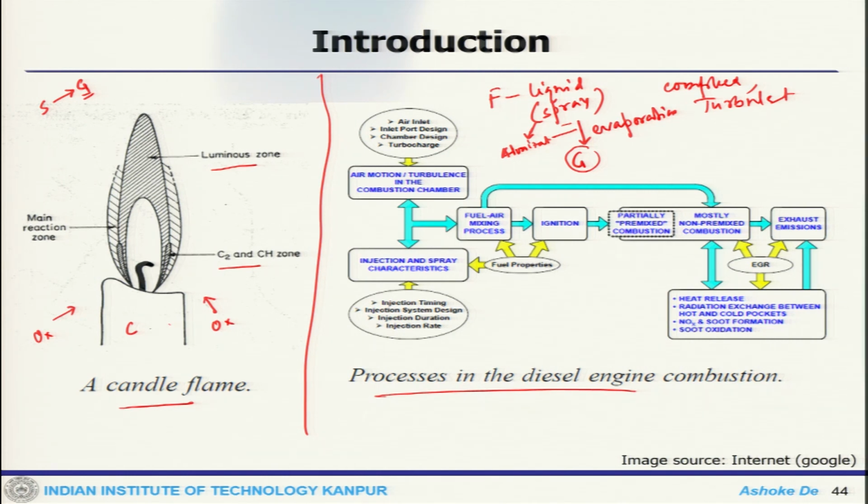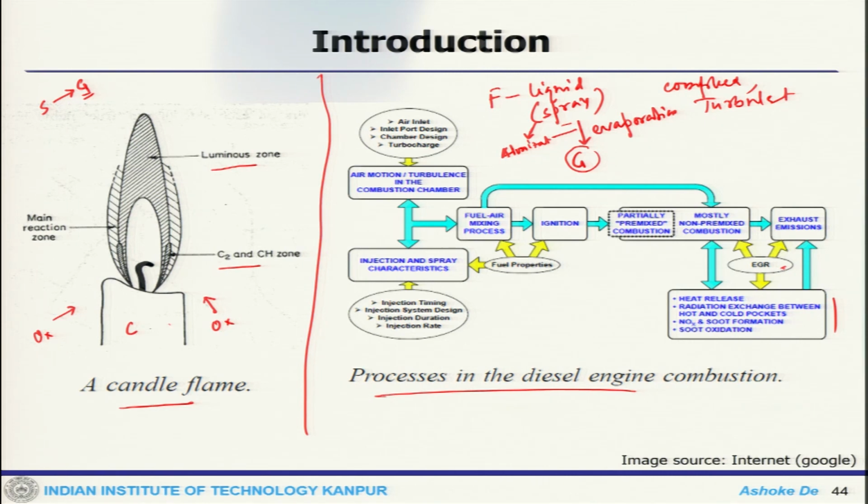So, it is a complicated process, and on top of that you have exhaust recirculated through EGR, heat release, radiation effects, and other complicated stuff like soot. These are things we will see as we go along.